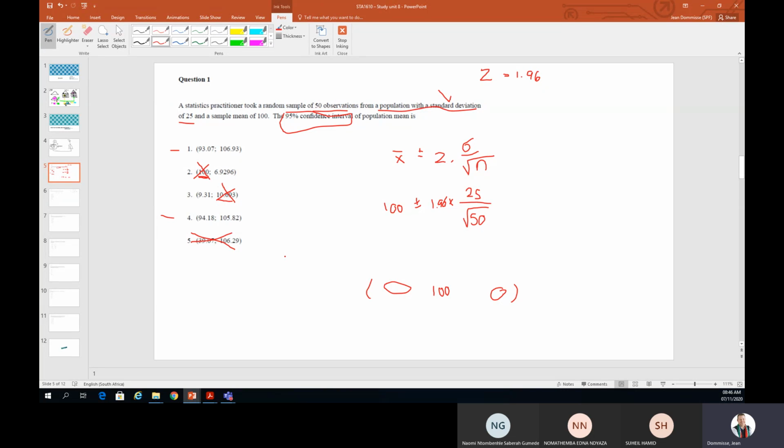So basically it is 25 divided by the square root of 50 times 1.96.